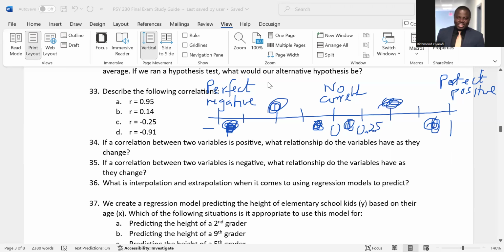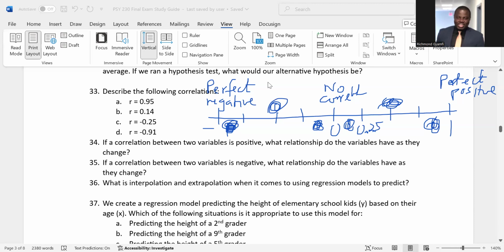Now, -0.25, oh, that is closer to 0. It's a weak negative. Oh, -0.91, that is a strong negative. Why? Because it's closer to -1. So that's how you answer these questions.